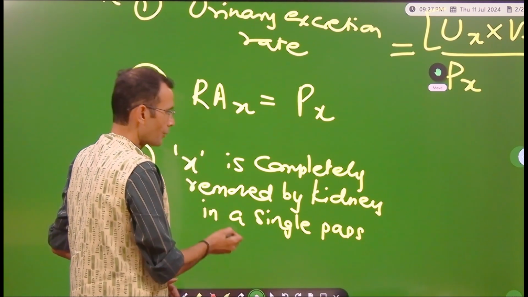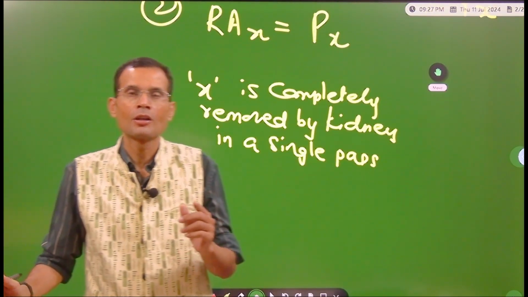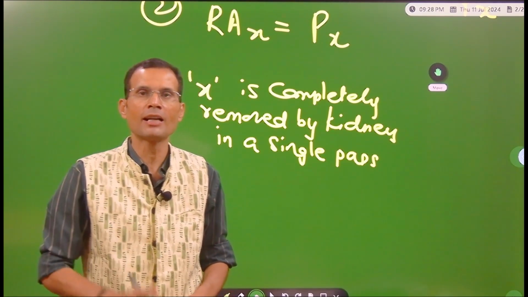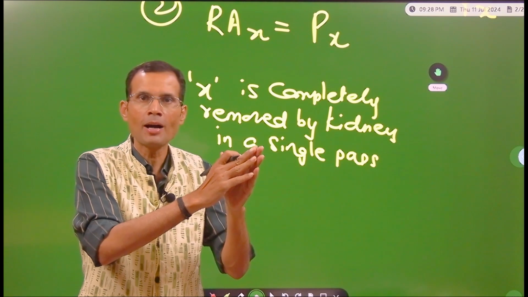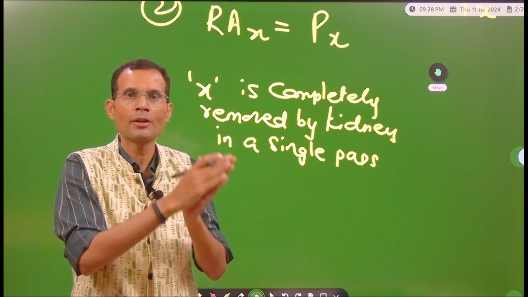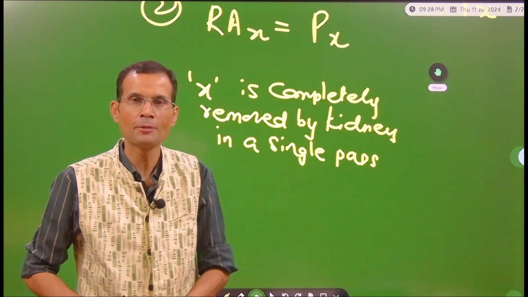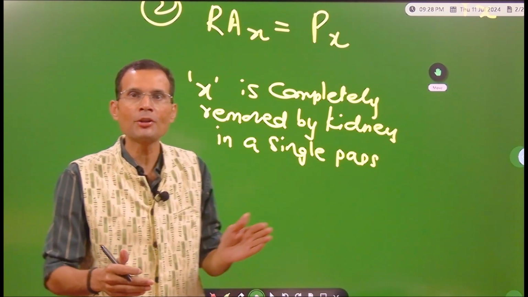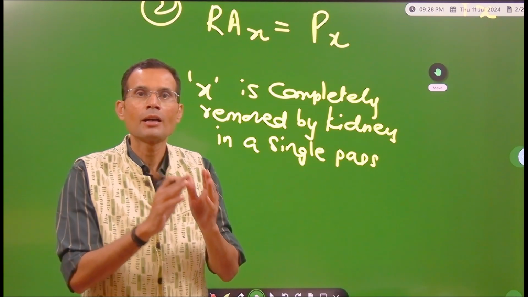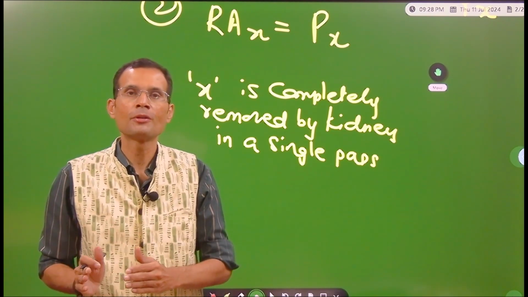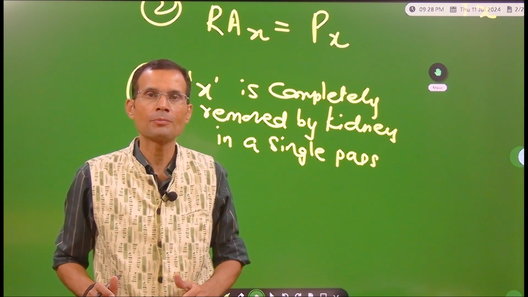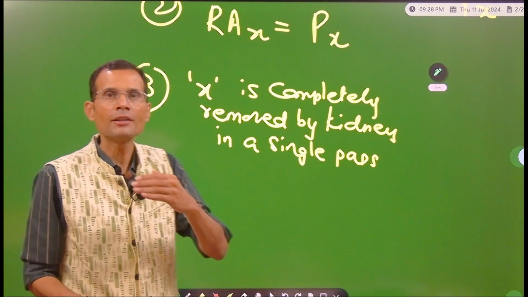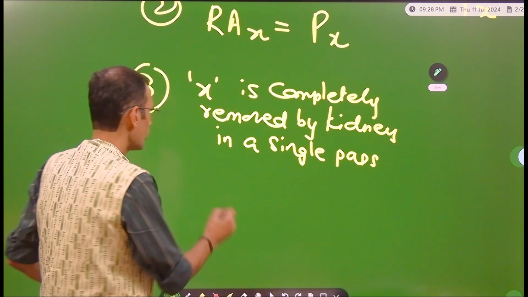This particular substance X is completely removed by the kidney in a single pass. That means from the plasma, from the systemic circulation, when it enters the renal blood, then by filtration and by tubular secretion, 100%, all of it is excreted into the urine. Which means what? Which means it does not go to the renal vein at all.